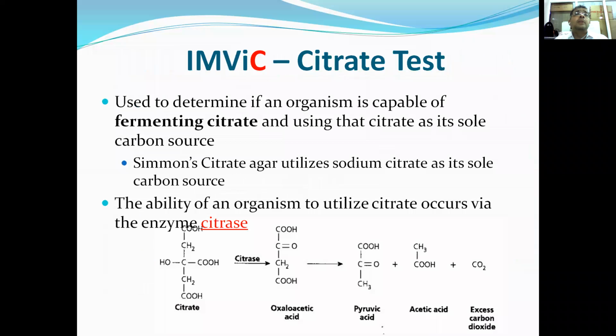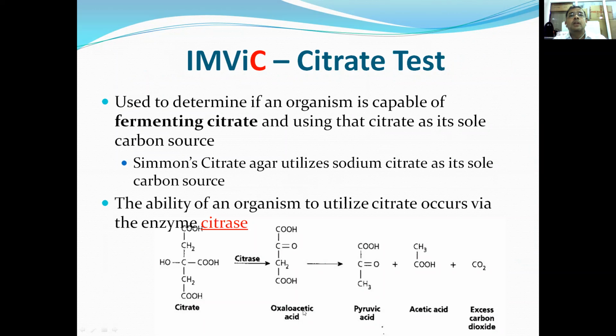Now coming to the last in the IMViC test, that is the citrate test, abbreviated as C in IMViC. Many bacteria contain the citrase enzyme. This citrase enzyme helps to break down the citrate to pyruvic acid, acetic acid, and some other products.